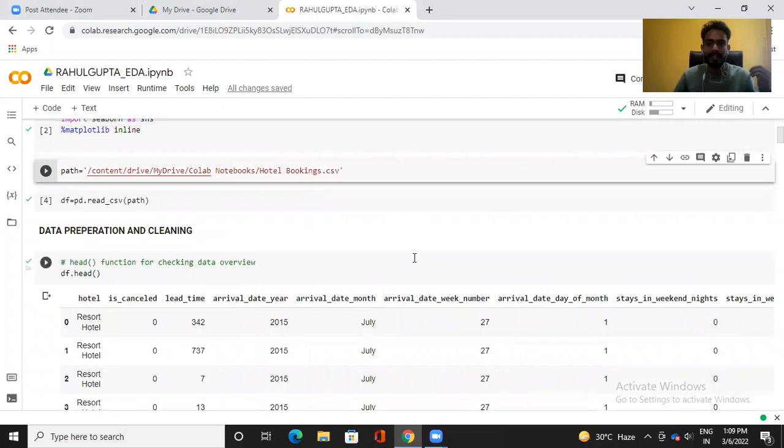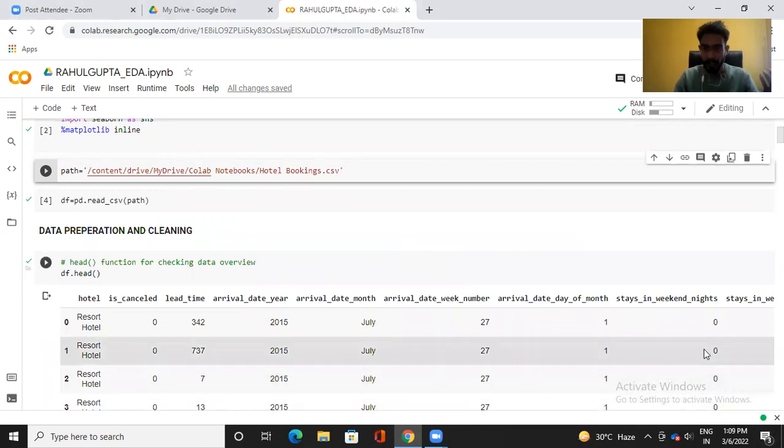Then I started my project. The first thing was data preparation and cleaning. In data preparation and cleaning, I checked how many null values are present in my data, and what to do if too many null values are there.